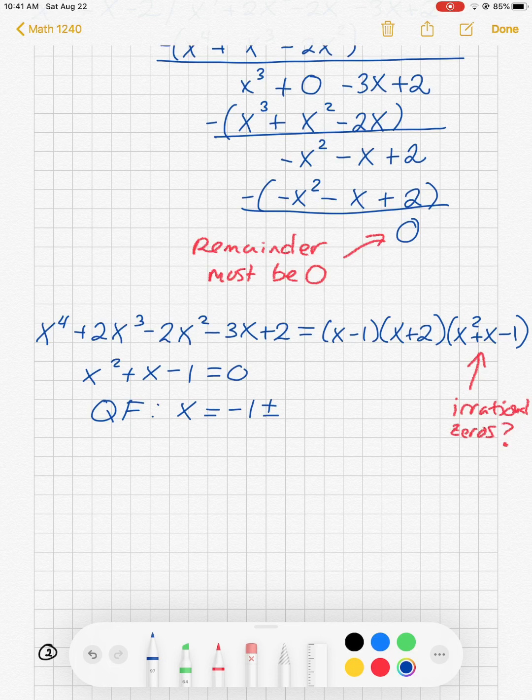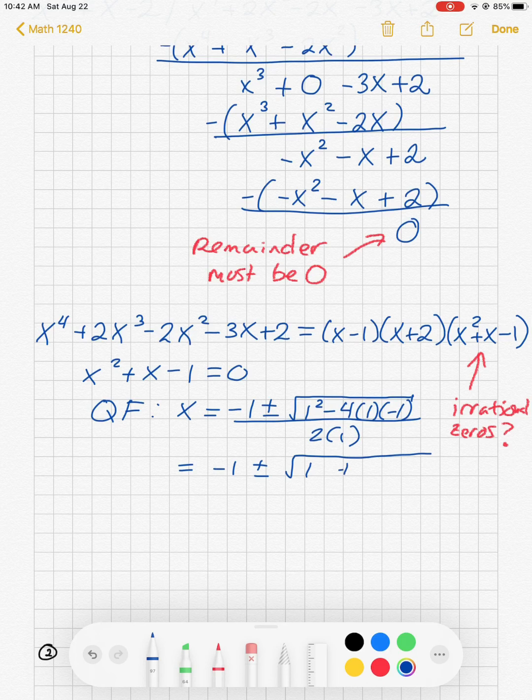x equals negative b plus or minus the square root of b squared minus 4ac over 2a. See what that discriminant is. 1 plus 4. So I am going to have solutions. Okay, so what I have is negative a half plus or minus root 5 over 2.